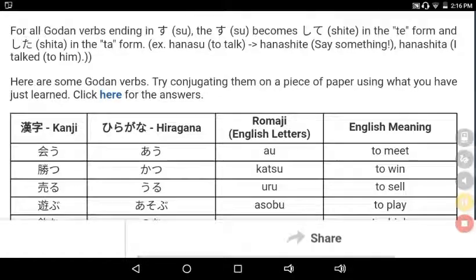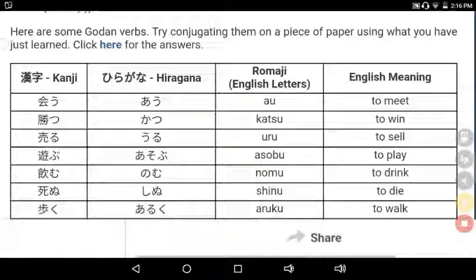For all Godan verbs ending in su, the su becomes shite in the te form and shita in the ta form. Example, hanasu, to talk, hanashite, talk, hanashita, I talked.